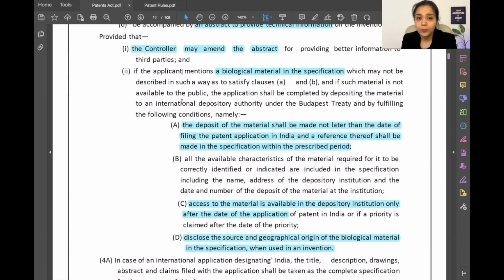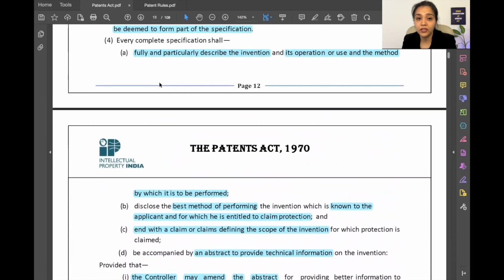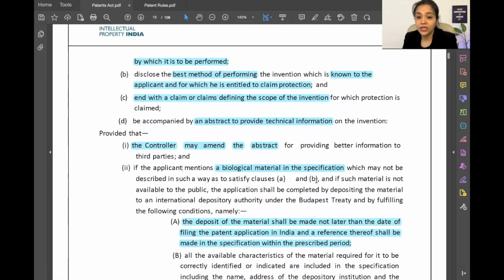So if the applicant mentions a biological material in the specification, so if in your patent invention you are using a biological material which may not be described in such a way as to satisfy the written description requirement or the best method requirement, 4A and 4B, clauses A and B, and if such material is not available to the public and full information about that material is not known, the application shall be accompanied by depositing the material to an international depository under the Budapest Treaty.